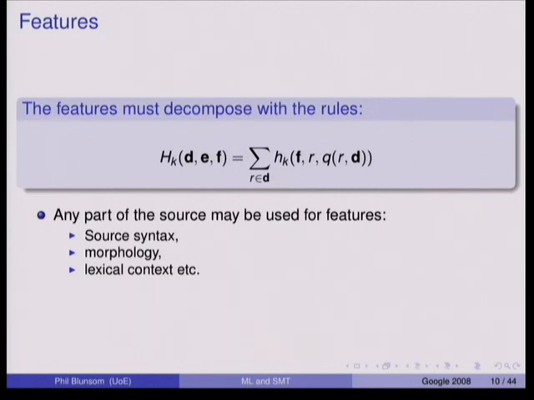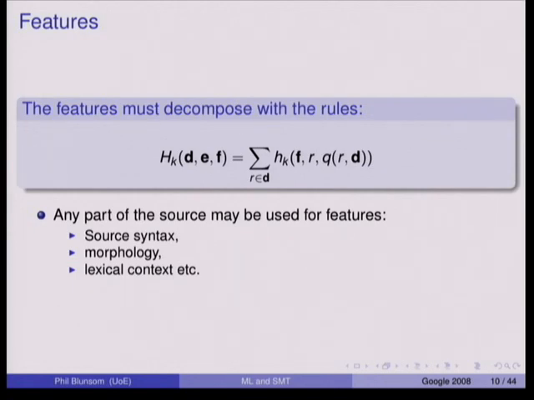So like other structured prediction tasks, the first thing we have to do is assume that the feature function capital H decomposes with the derivation so that we can use dynamic programming. So we assume that the features decompose with the rules that we apply, and we assume that those feature functions are a function of the entire source sentence.